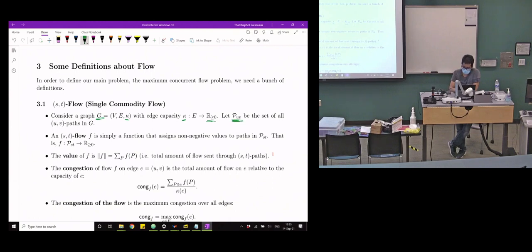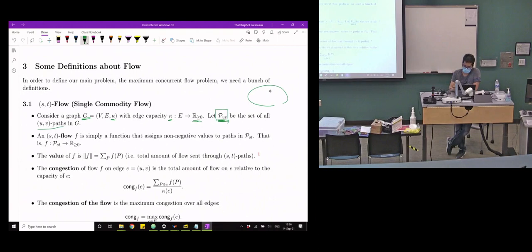And then let me denote this script P of u,v to be the set of all u-v paths, all paths from u to v. So this is u, this is v. Any path here is in this set.